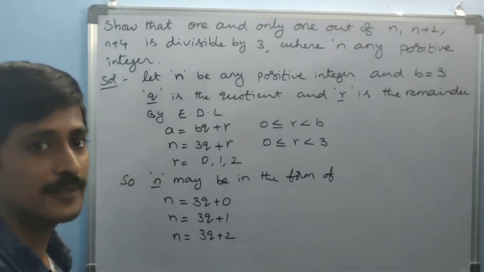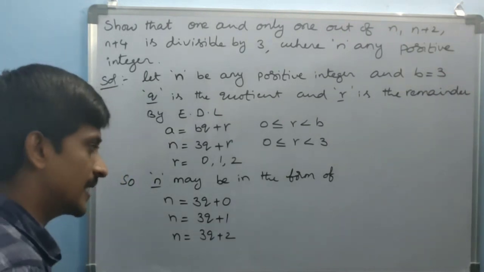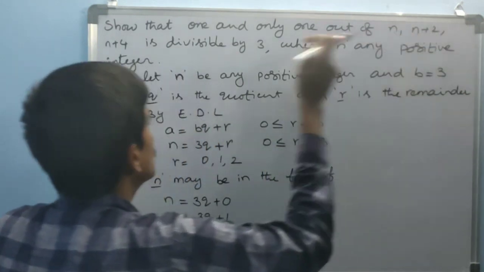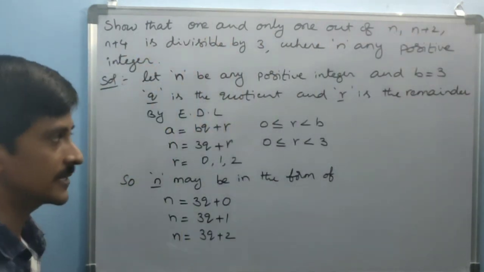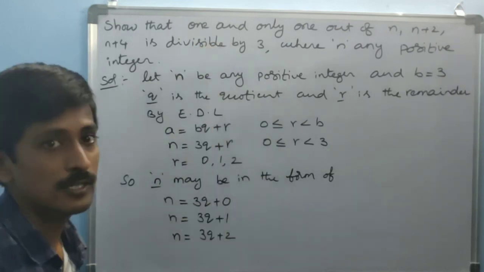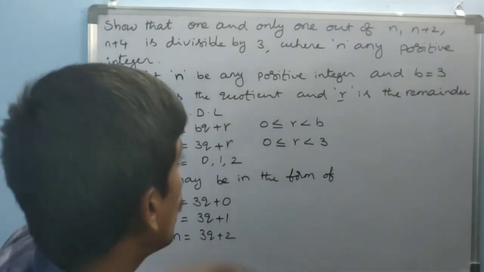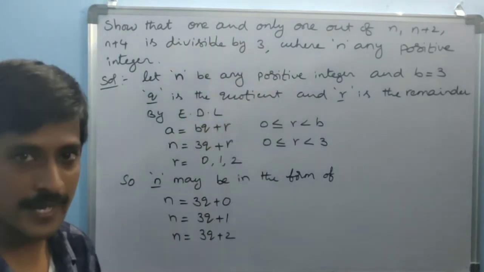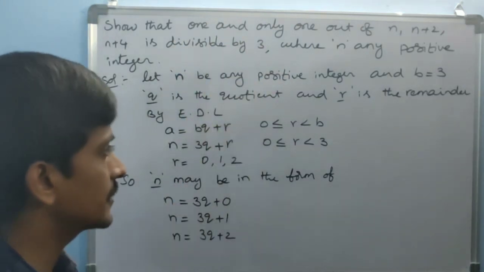These are the three cases. In these three cases, again there are three values: n, n plus 2, n plus 4. Now we will show that one and only one out of these three is divisible by 3. How is it? Let's check.